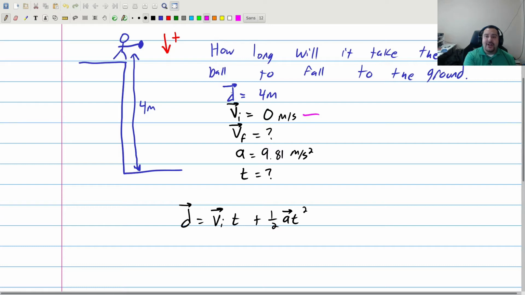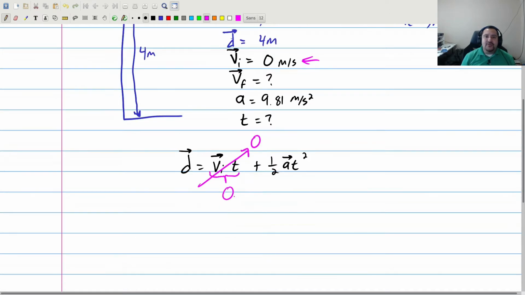V initial happens to be 0. So that means V initial times time will also happen to be 0. So this piece, everything before the plus sign, doesn't matter. So our equation is going to be a little bit simpler to solve because it's only going to be this.